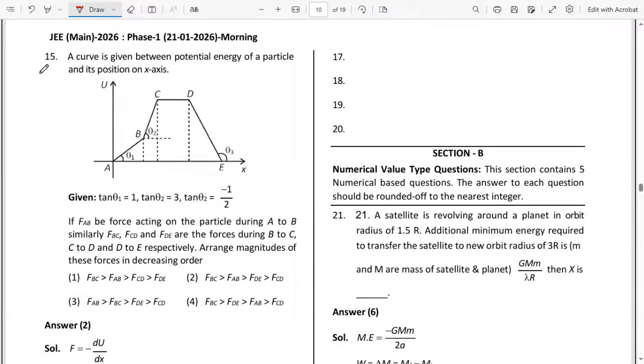Next, question number 15. A curve is given between potential energy of a particle and its position on the x-axis. Given tan theta 1 equal to 1, tan theta 2 equal to 3, tan theta 3 equal to minus 1 by 2.